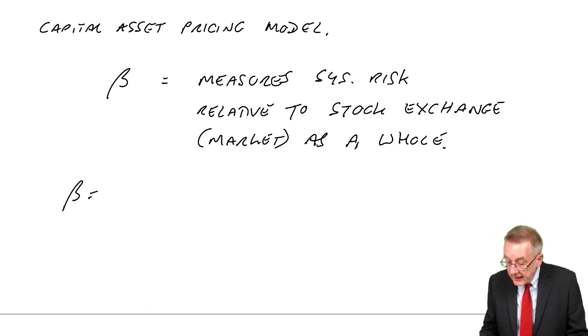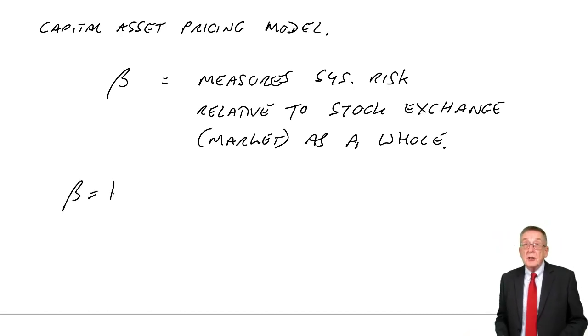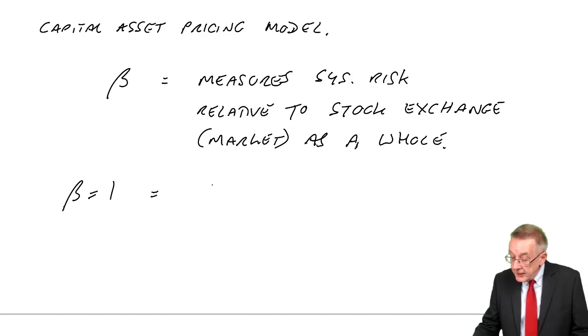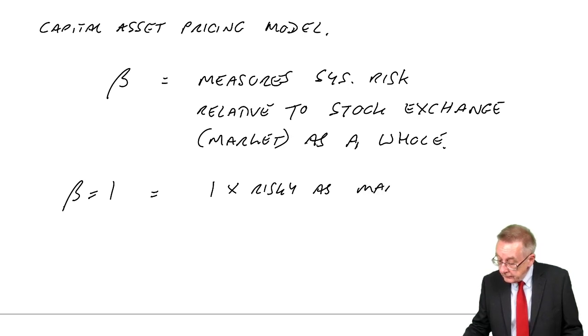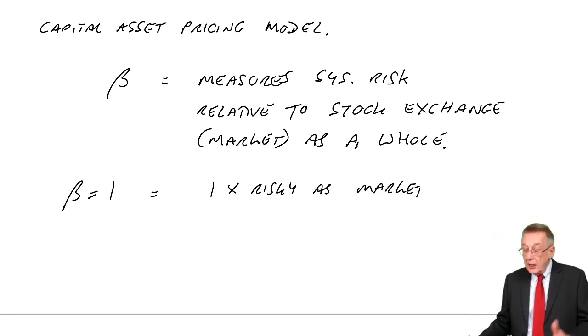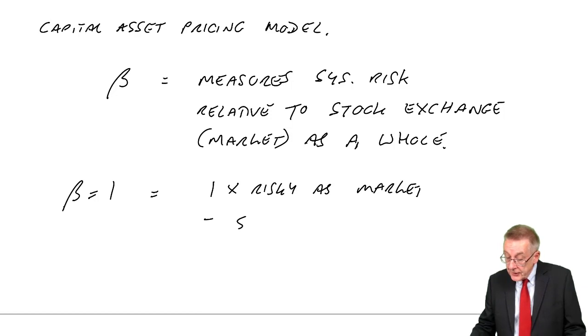If a share has a beta equal to 1, it's 1 times as risky as the market, the stock exchange as a whole, i.e., it's got the same risk as the market.